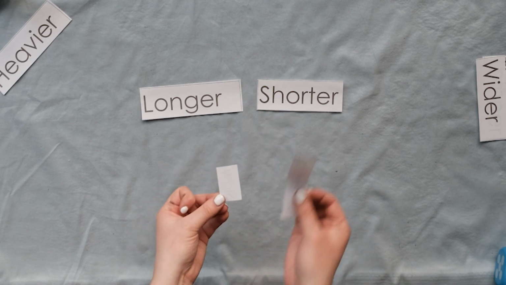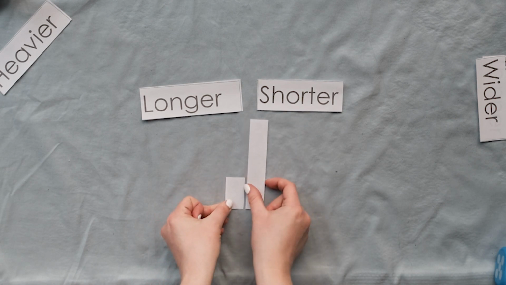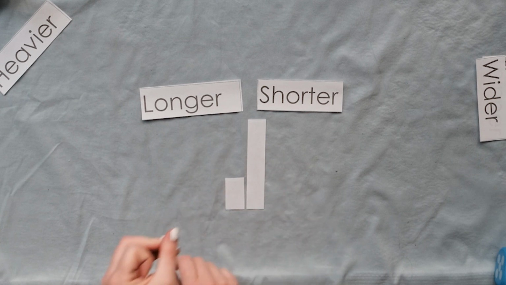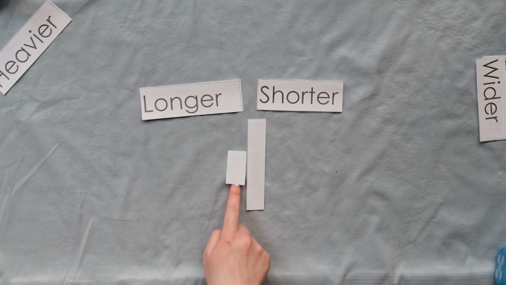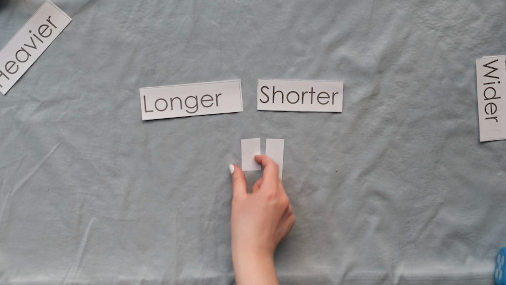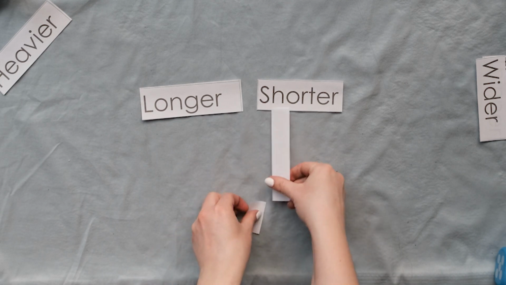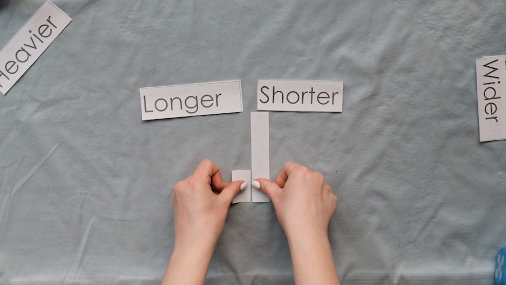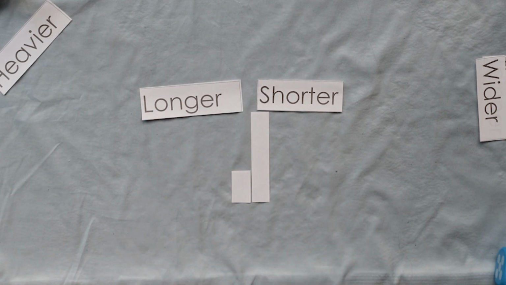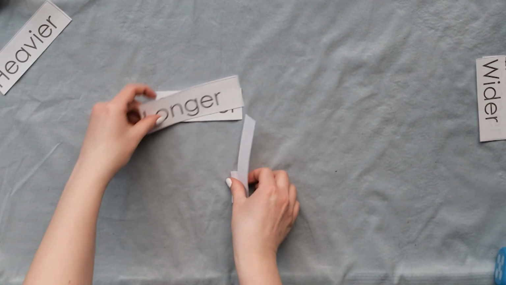Or is it longer than this one? The important thing is when we're measuring and comparing, we need to line things up if we're talking about longer and shorter. Because sometimes when we don't, maybe I will get tricked, right? So I want to make sure that I line them up at the bottom really good. Just like that. So I would say that this one is shorter than that one. And I'm using the word than a lot.